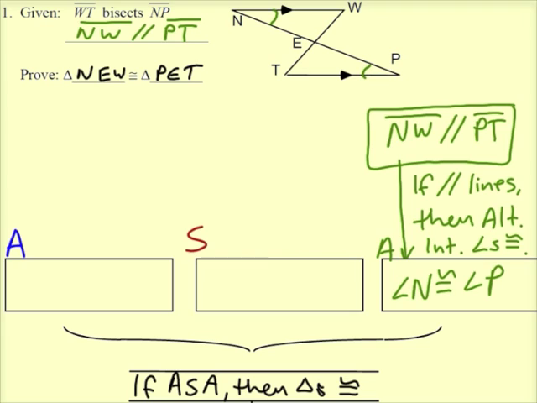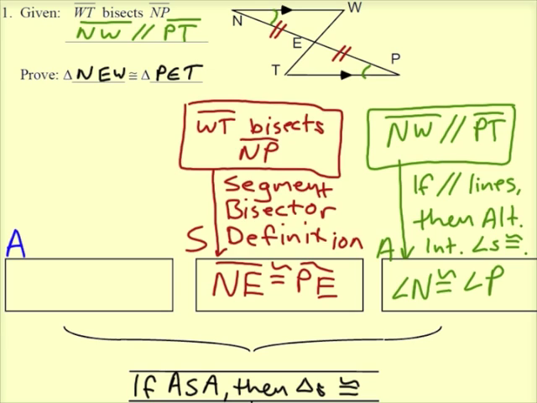Next, we need to talk about the segments that we had congruent. We knew that NE and PE were congruent. And that came from the fact that WT bisects NP. And then finally, we had our vertical angles. Those come from the fact that we have intersecting lines because of the way this particular figure is drawn.